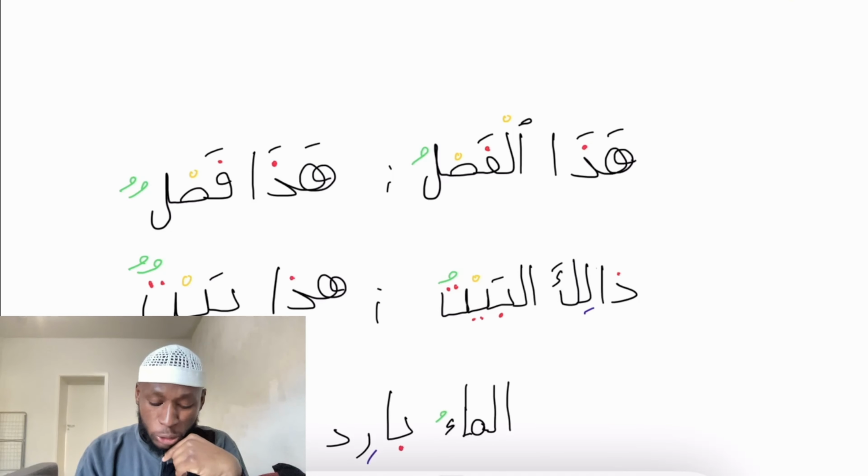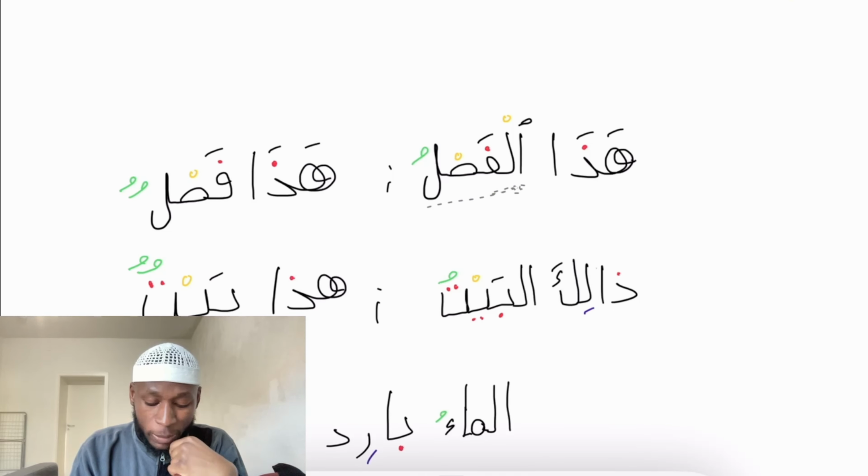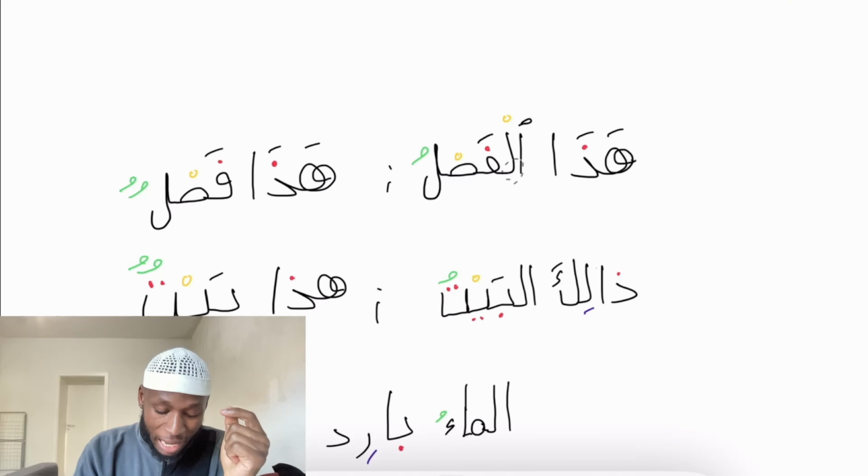Now we have al-faslu. We say that for us to have a predicate, it has to be indefinite. But we have al-faslu, because whenever we have al on a noun, how do we differentiate definite from indefinite? An indefinite noun will have the tanween, and a definite noun will have the al.